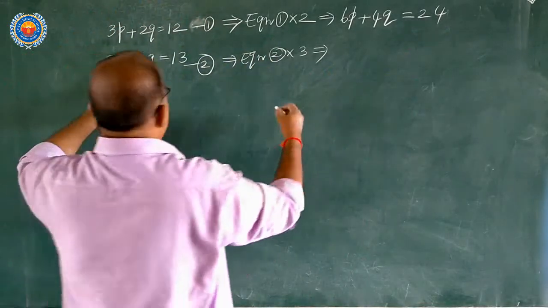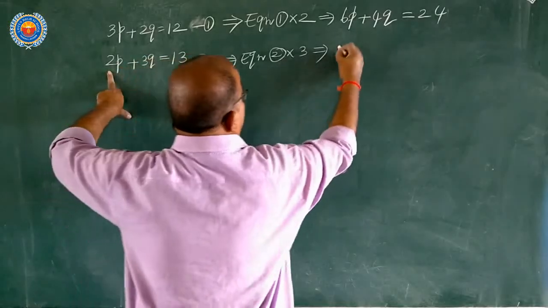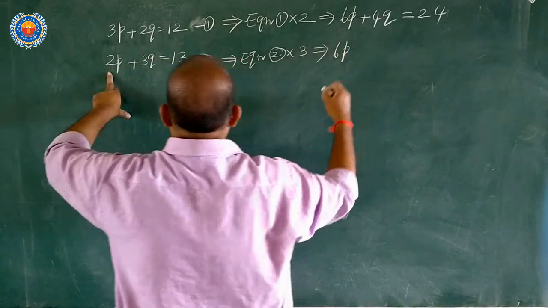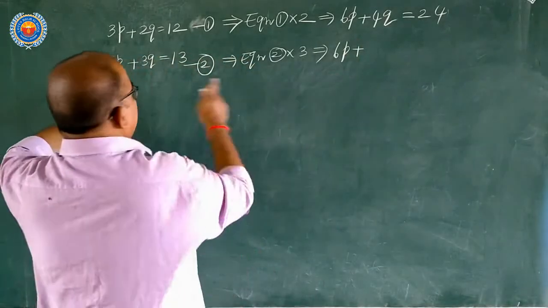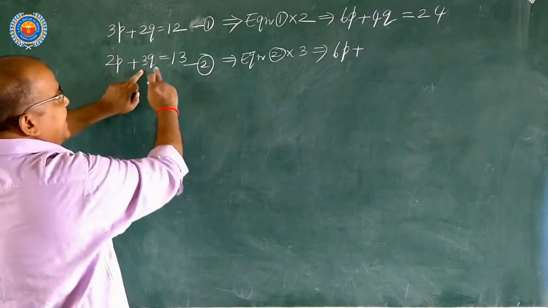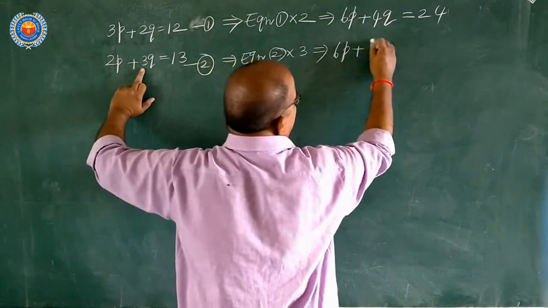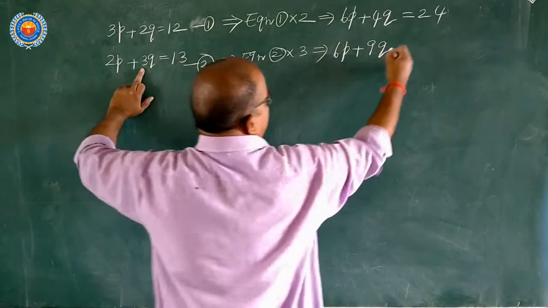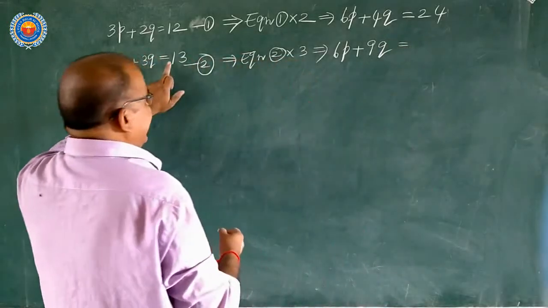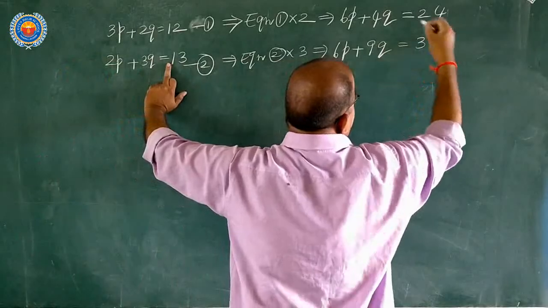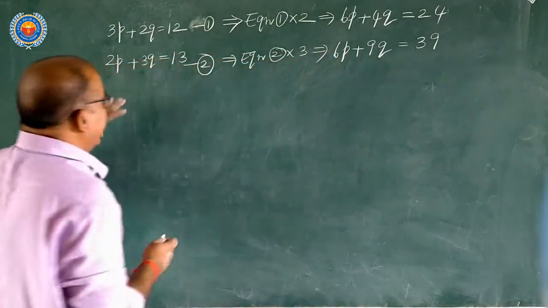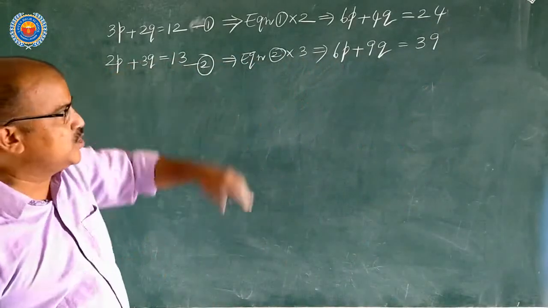Here into 3, 3 2s are 6p plus 3 into 3q, 3 3s are 9q, is equal to 13 into 3, 39. Carefully, LHS into 3, RHS into 3.